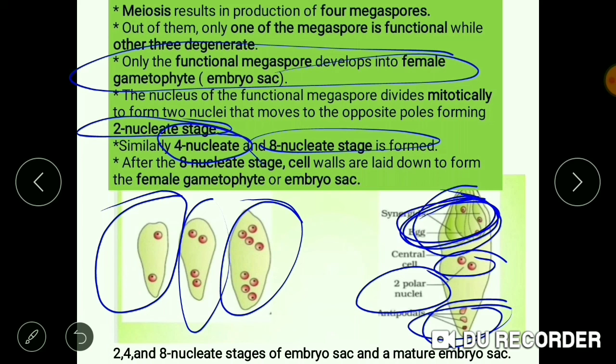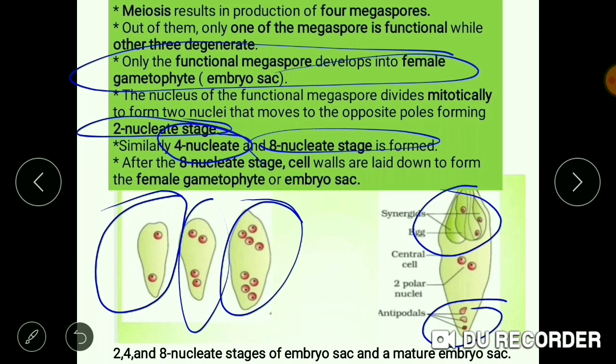So this is the egg apparatus lying at the micropylar end, and the egg apparatus consists of two synergids which lie by the sides, and in the center is present the egg cell. While at the chalazal end, the 3 cells present are known as antipodal cells.